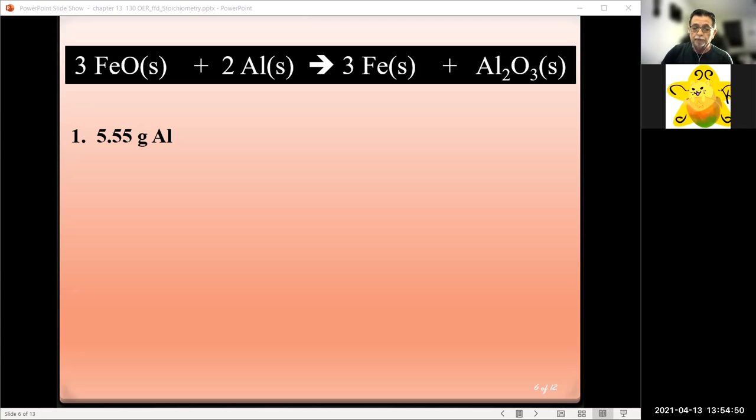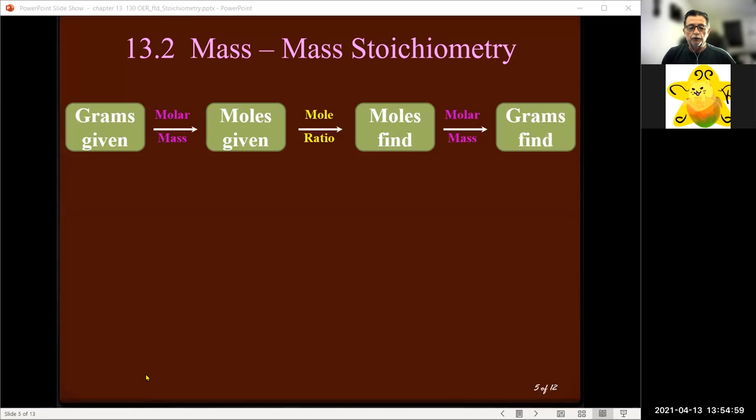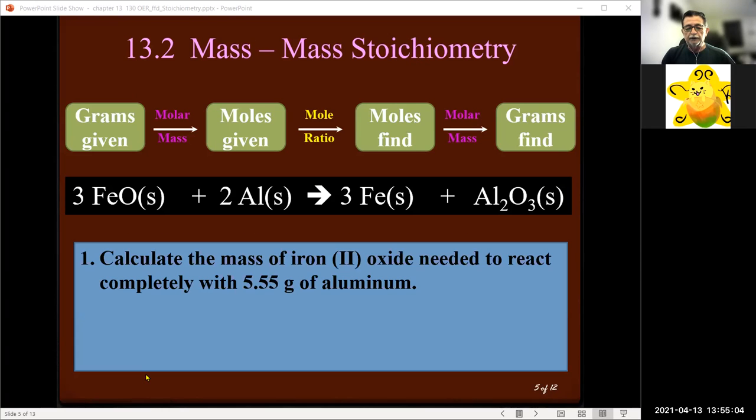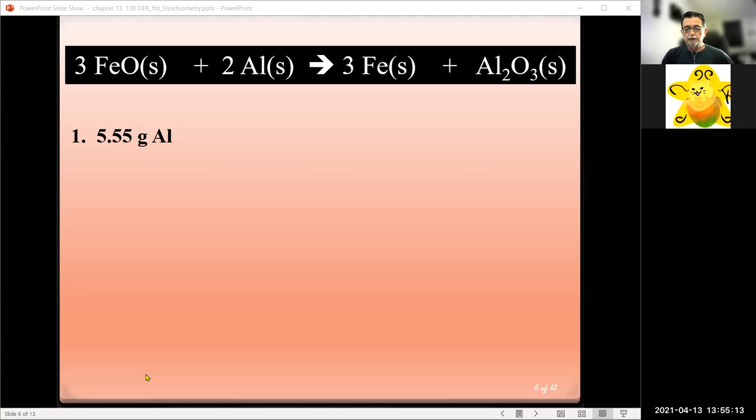All right. So the first question was, let's go back to review here. We want to calculate the mass of iron 2 oxide needed to react completely with 5.5 grams of aluminum. So we will need to know how much of the other reactant, iron 2 oxide, is necessary. Well, the first step when you're in grams, you need to get to moles.